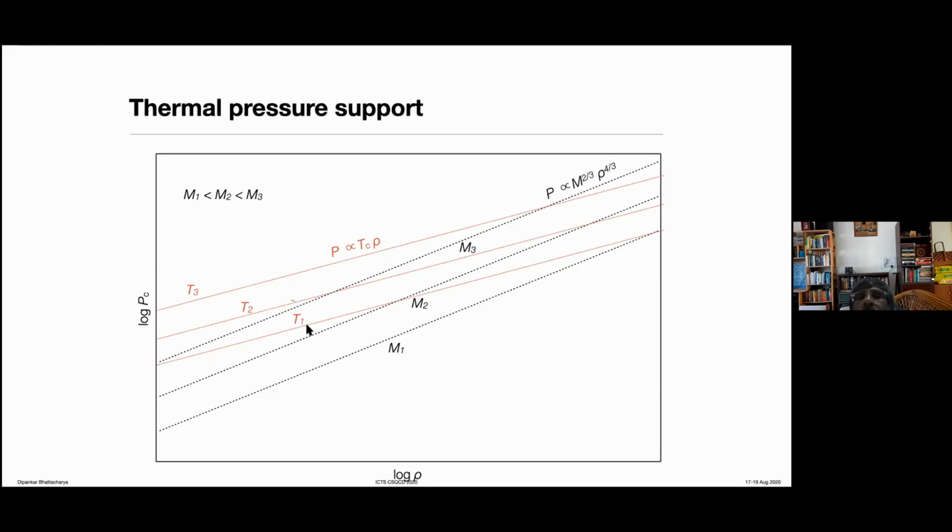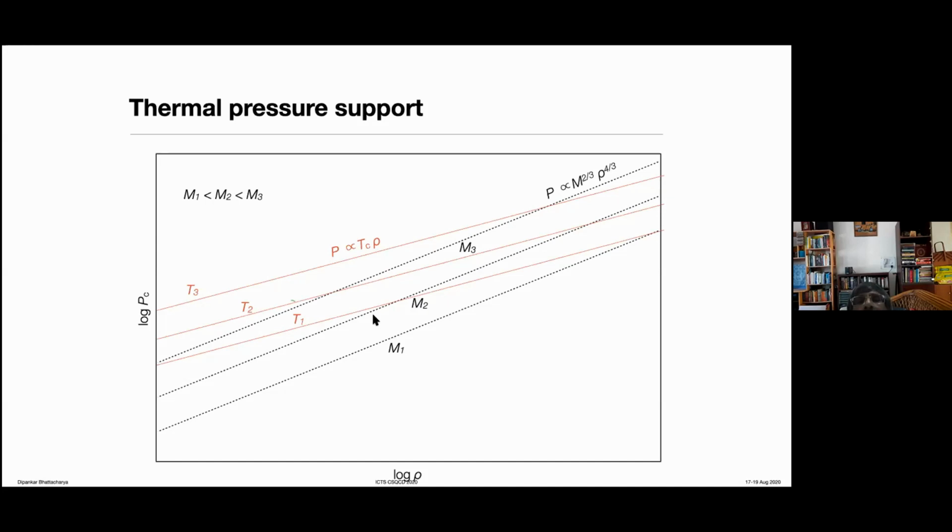So you have a whole lot of possibilities as to where these equilibrium solutions will lie, but the correct possibility will be determined by the mass of the star and what is the central temperature of the star. And what is the central temperature of the star is determined eventually by nuclear fusion.